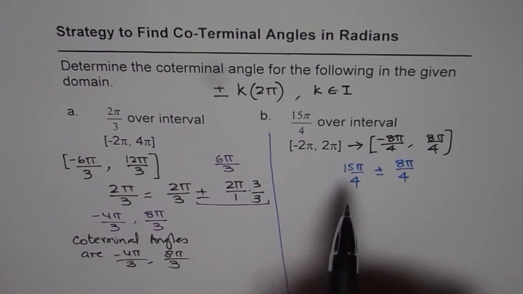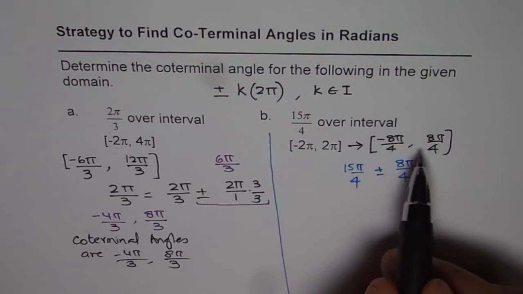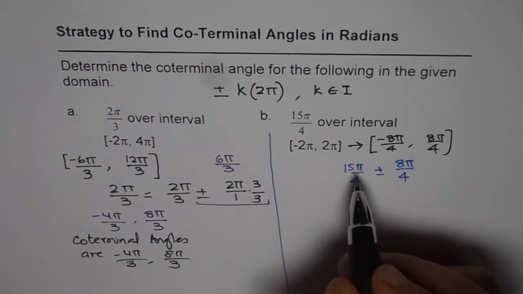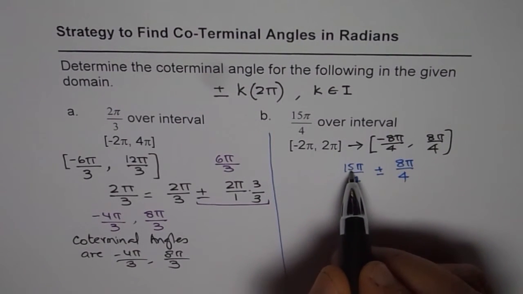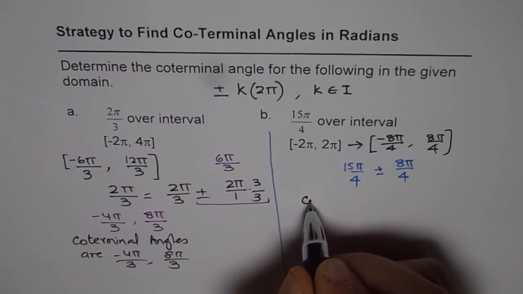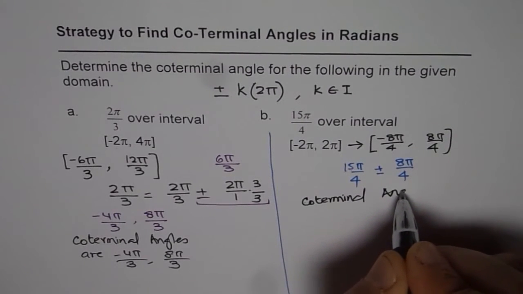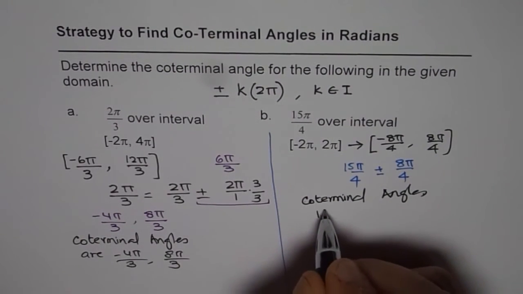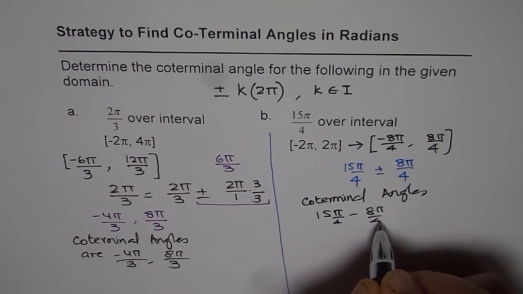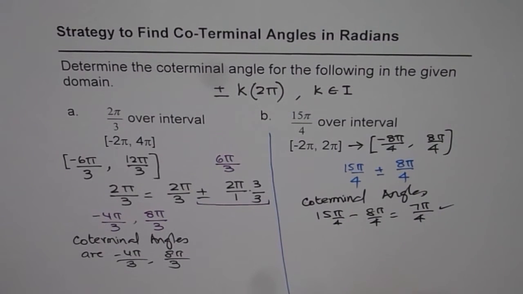Now let's add to 15. So we basically have to subtract, since 8 pi by 4 is much lower than 15. So let us subtract 8 from 15. What do we get? We get 7. So coterminal angles will be, from 15 pi by 4, we will subtract 8 pi by 4. So what do we get? We get 7 pi by 4. So that is the first one, right?